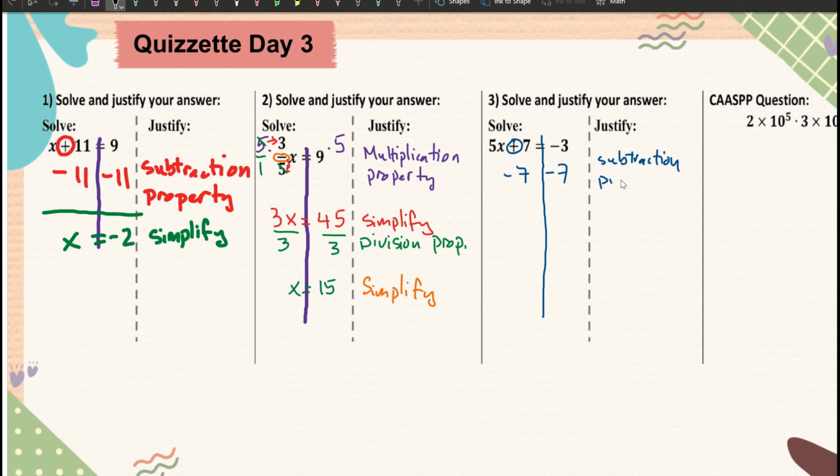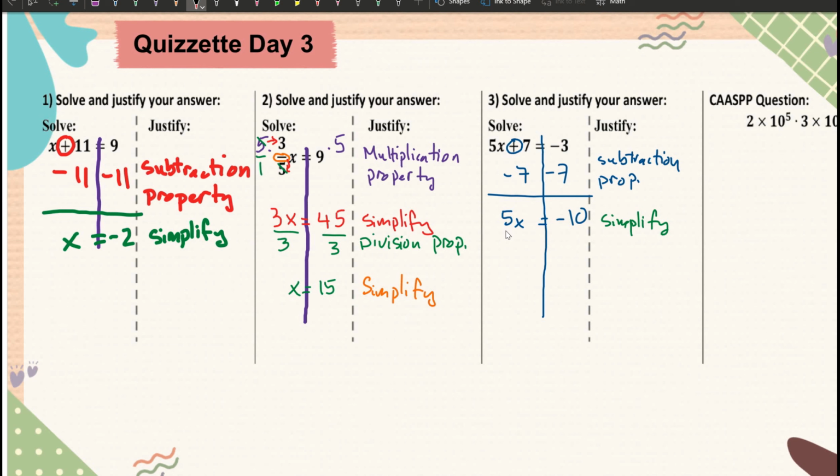That will give us 5x equals negative 10. We just simplify, because negative 3 minus 7, same sign, add them up, keep the sign of the larger number, which is negative 10.